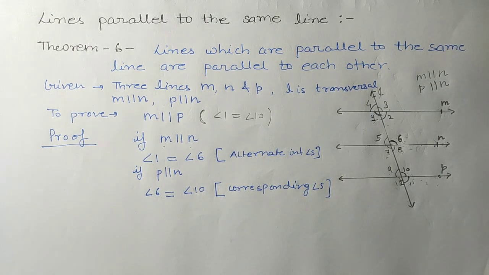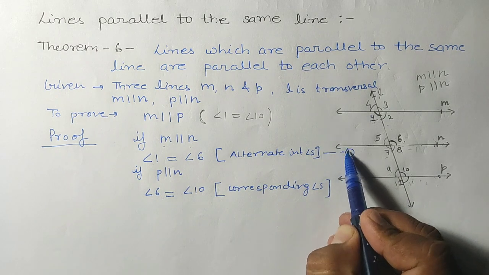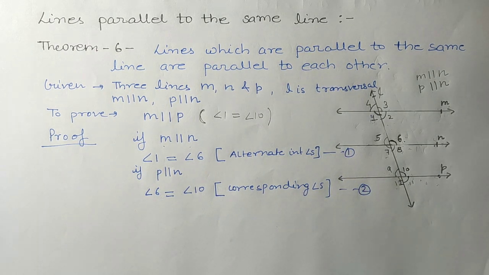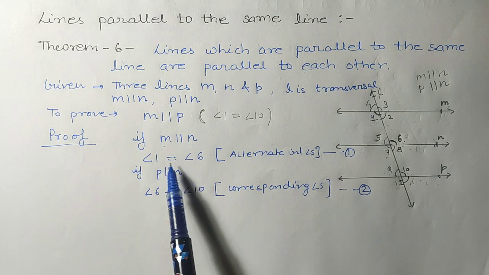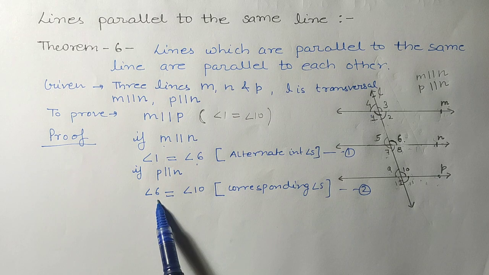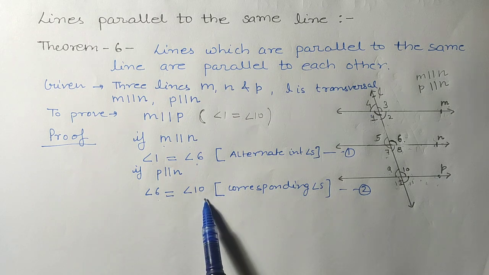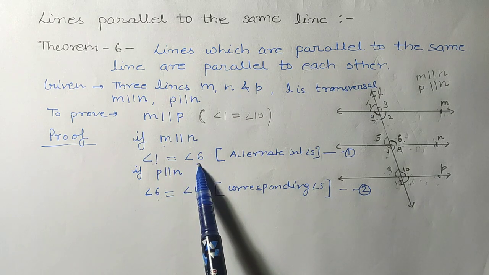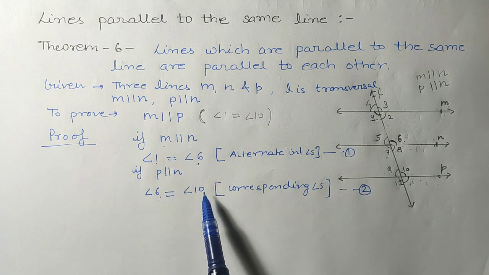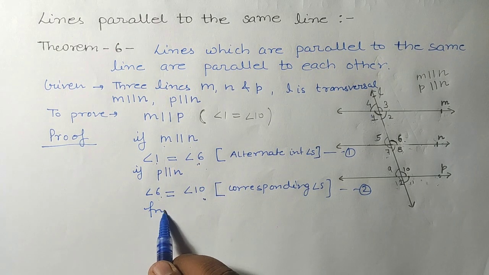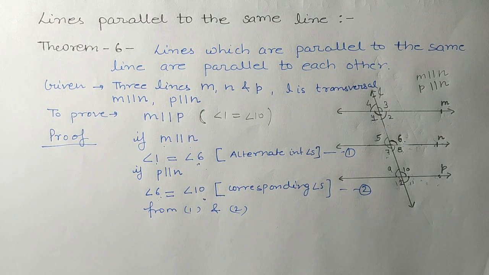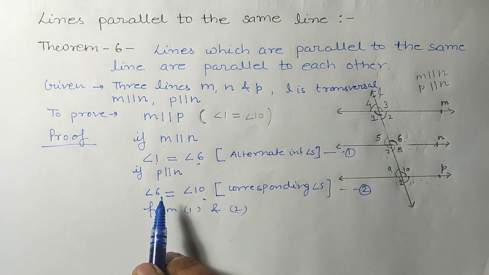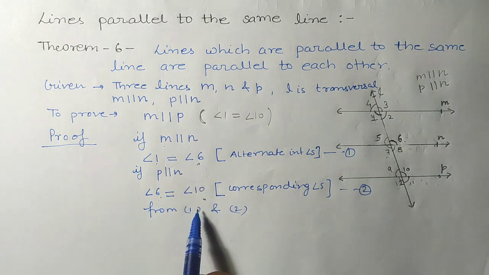Suppose it is your equation number 1 and it is your equation number 2. So from 1 and 2 we can see that angle 1 is equal to angle 6 here, and here also angle 6 is equal to angle 10. Angle 1 is equal to angle 6 and angle 6 is equal to angle 10. So from 1 and 2 we can see that in both the equations angle 6 is there.